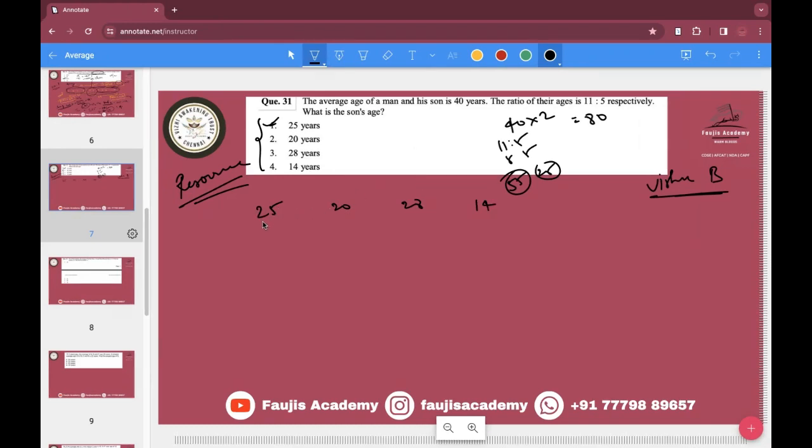Okay. So if the son's age is 25, 20, which is essentially 5x, isn't it? So what will be the value of x? 5. And what will be the 11x for the man?